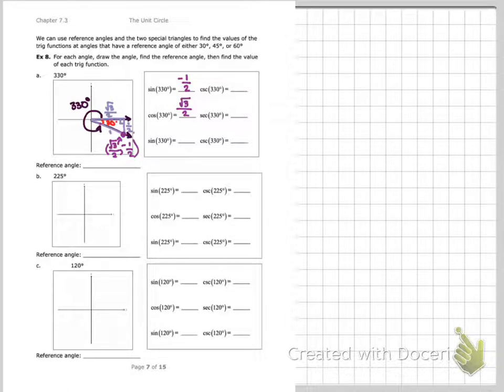And then I noticed that this is a mistake. This should say tangent and cotangent. Obviously I cut and pasted here and was not paying attention. Tangent and cotangent. So the tangent of 330, opposite over adjacent. So let's write that over here real quick.